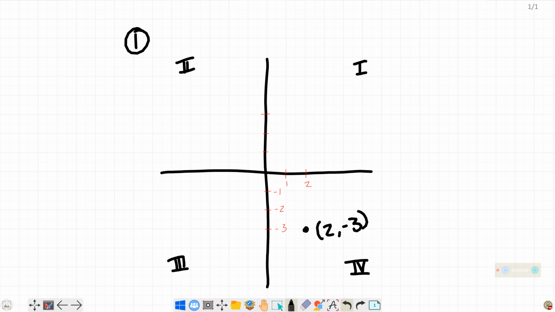Part A says reflect this point that we just created over an axis so that its image is in quadrant 3. It means that when we reflect it, it's going to go over in this zone somewhere. Which axis do I need to reflect over in order to get into quadrant 3? Imagine putting a mirror on one of these lines.